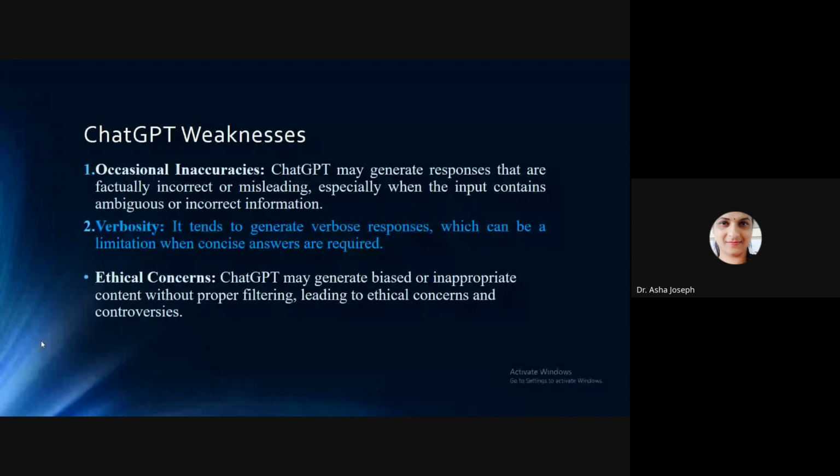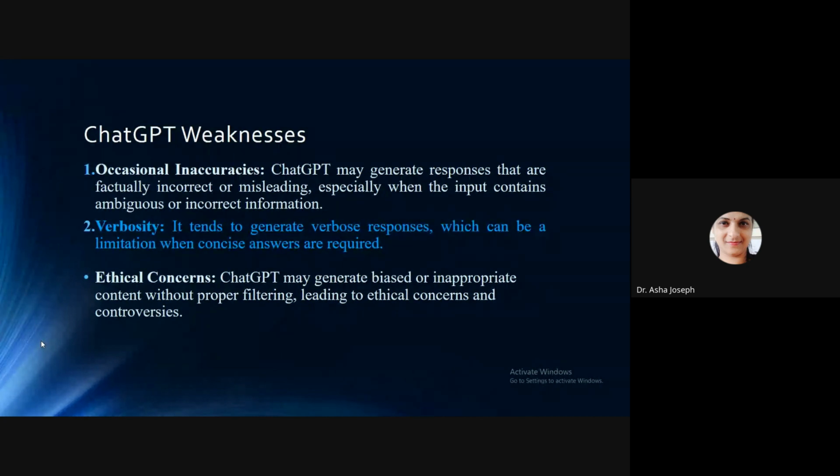That means whatever input you are giving should not be ambiguous, it should be correct information. Then only ChatGPT is able to search its database, do the pre-training or the fine tuning, and give you the answer.